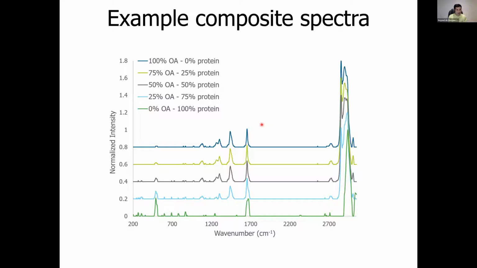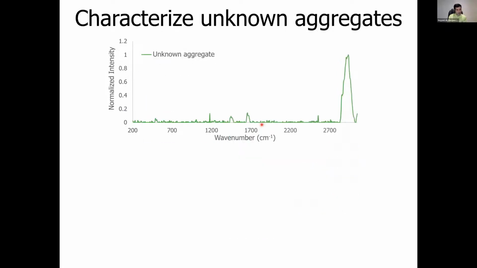And now that we have this customized spectra with different levels of OA and protein aggregates in it, we can go towards 3 different samples, 3 samples in 3 different buffers, and look at each of the aggregates. For example, if I'm looking at this unknown aggregate that I'm using as an example, I can compare it to all 101 different samples with different OA concentrations.